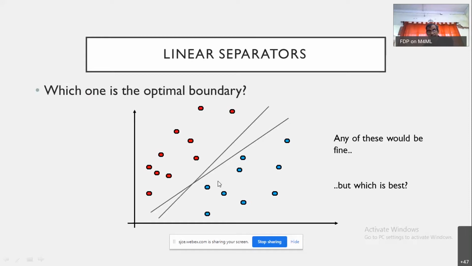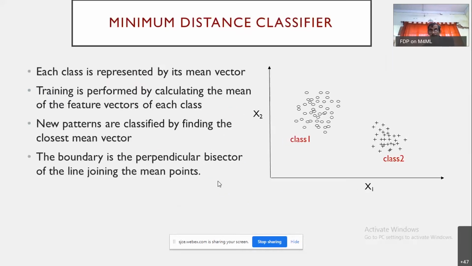This can be a classifier, this can be a classifier. Infinite number of classifiers I can design. Which one of these is good? Which one is poor? Which one is bad? Which one should I choose? These are the issues that will be taught in this lecture. I will initially tell you a couple of classifiers which are not really that good. Then I will go to a classifier that's a very good classifier.